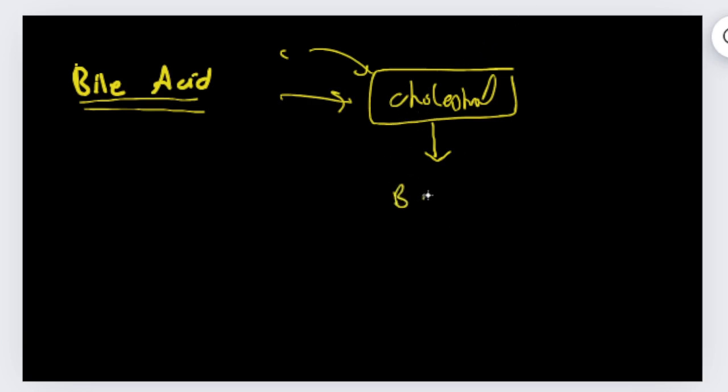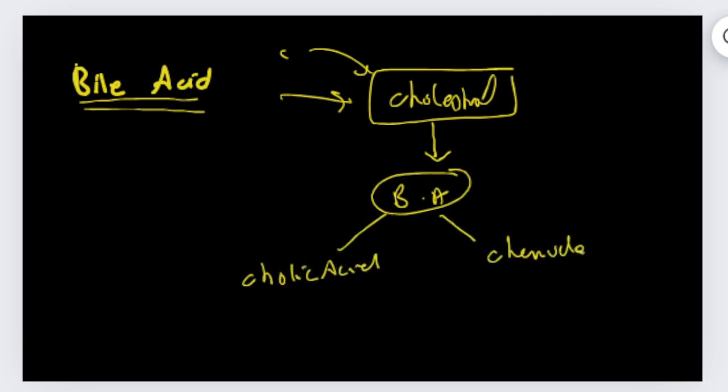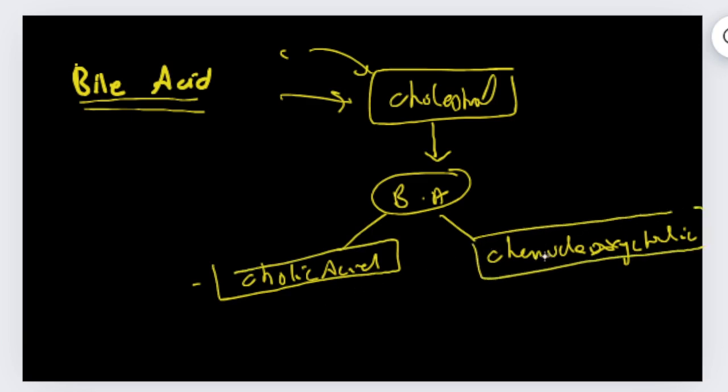You have to remember that bile acid is of two forms. One is cholic acid, and another is chenodeoxycholic acid.